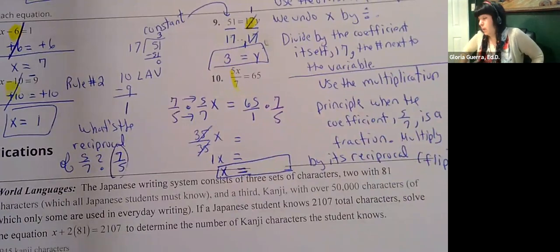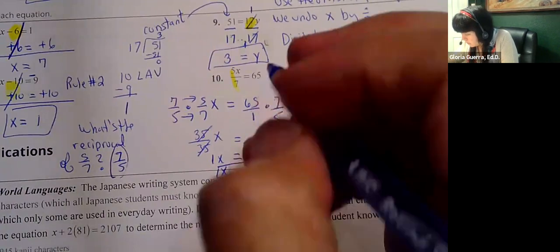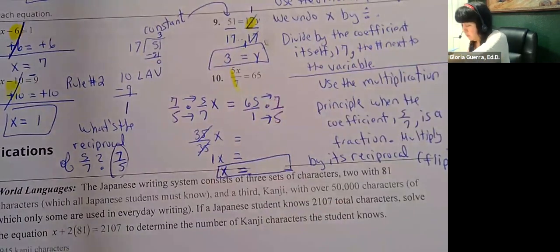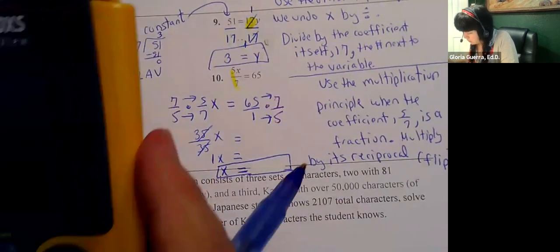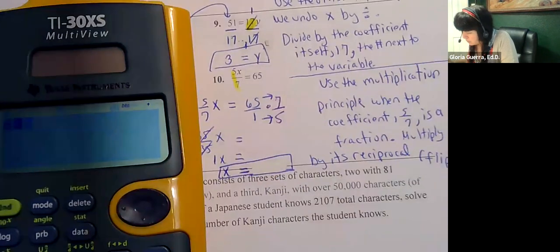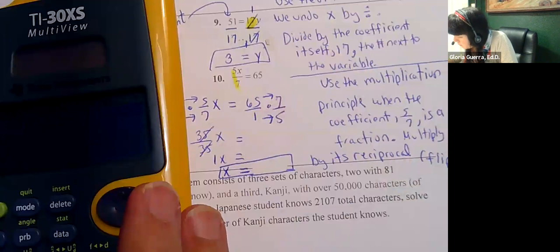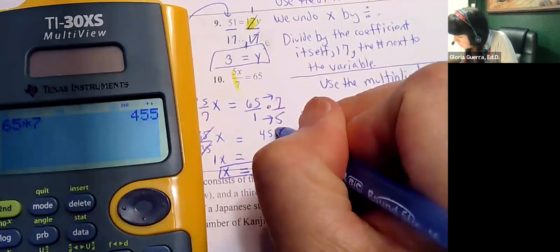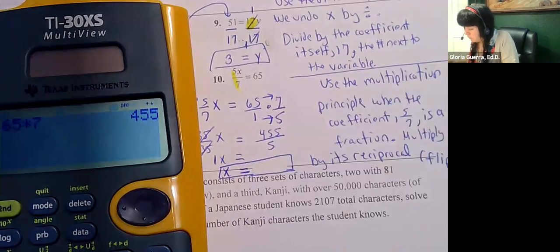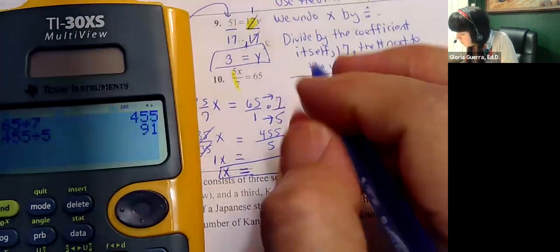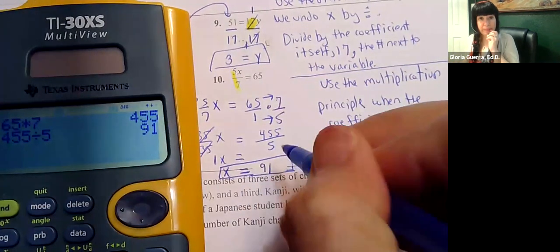Then on this other side, if I multiply straight across also, 65 times 7, it's a large number, looks like 455. And 1 times 5 is 5. So when you divide 455 divided by 5, that gives you 91.